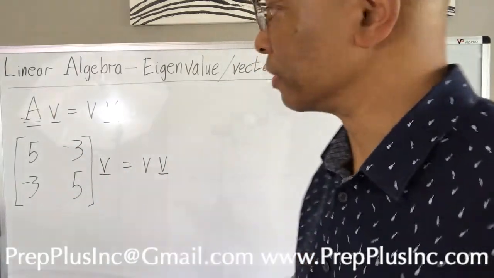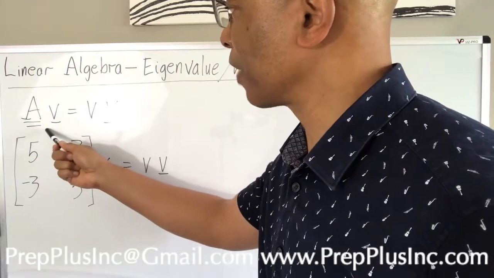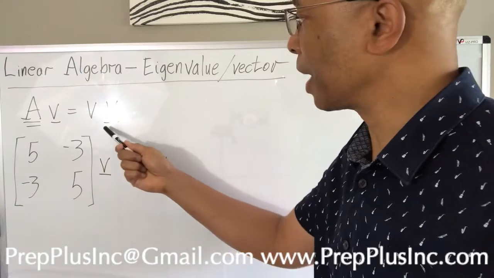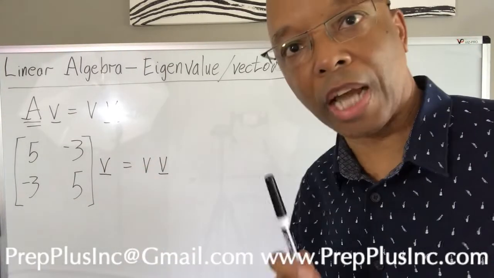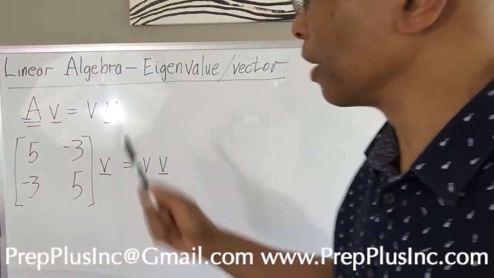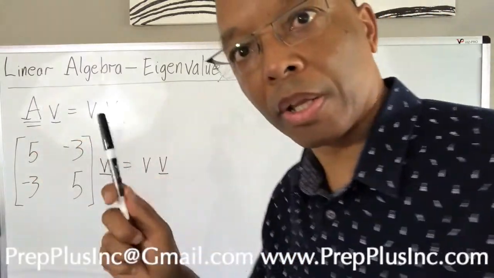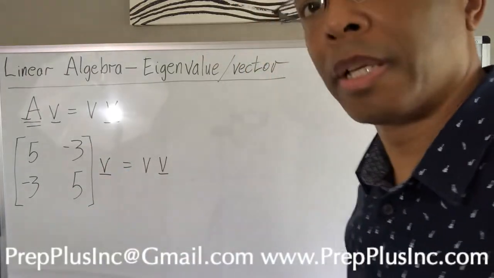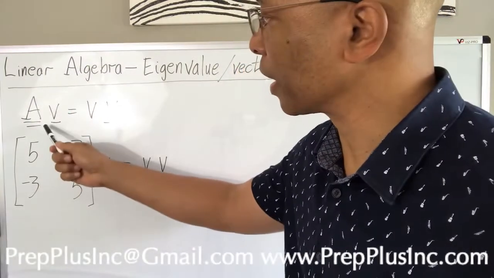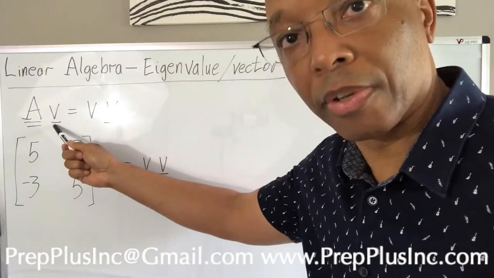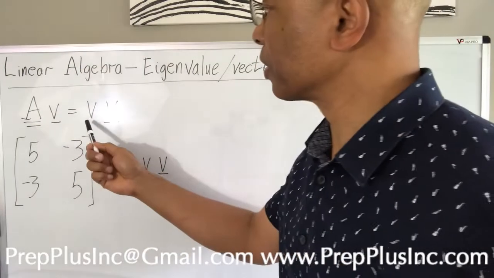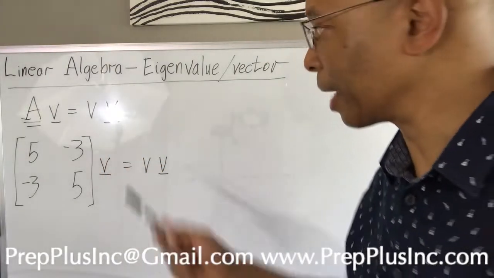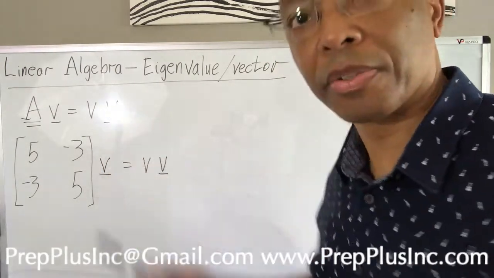So the problem is matrix A times vector V equals scalar lambda times the vector V. So this is an eigenvalue, eigenvector problem where we'll call this matrix A an operator, operating on this eigenvector V equals some scalar eigenvalue times the same eigenvector.